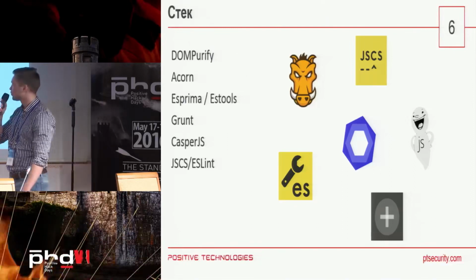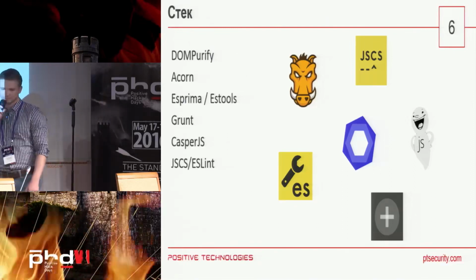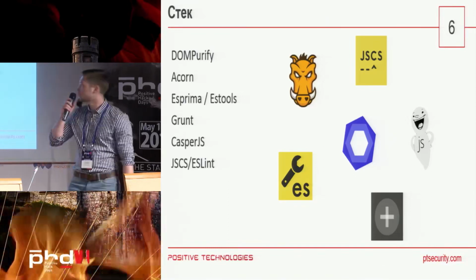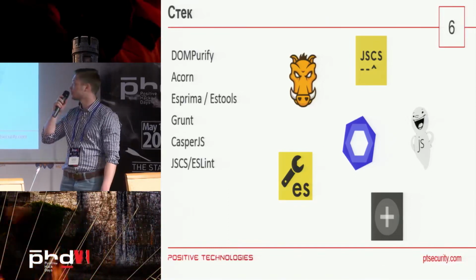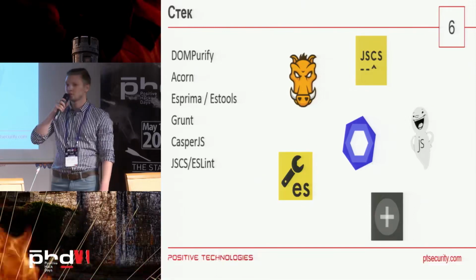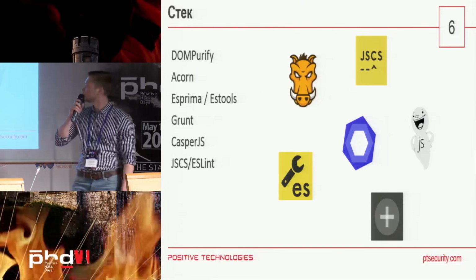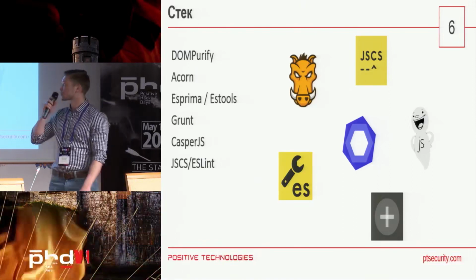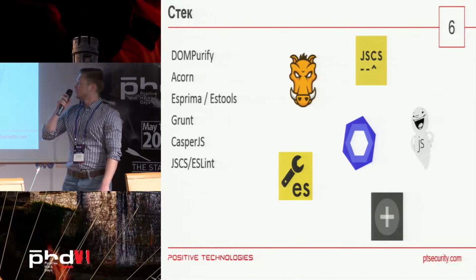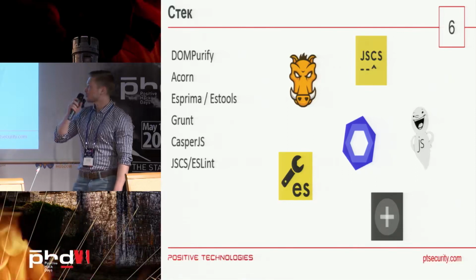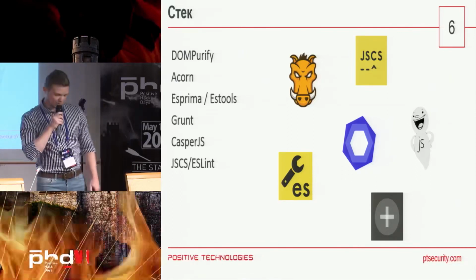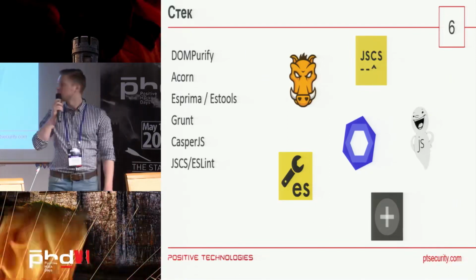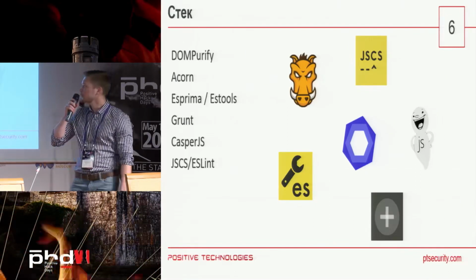One of the most critical parts is DOMPurify for HTML filtering. Cure53 is supportive of this project, supporting it as part of the open source initiative. We are going to share with you our experience of using DOMPurify for non-standard tasks.